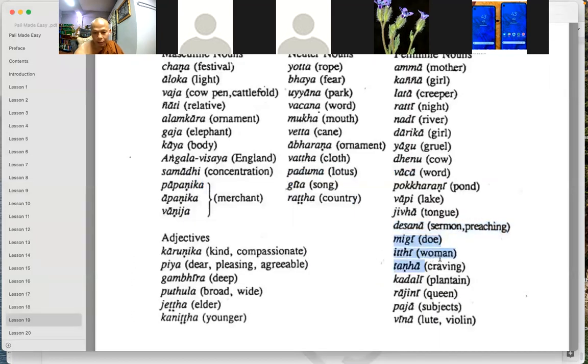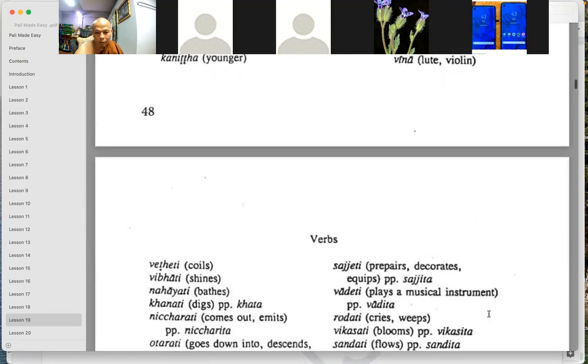And then itthi, woman, and tanha, craving, and kadali, planting, banana tree. And here rajini, queen, you see, raja, rajini. And paja, subjects or beings. And vina, lute or violin. So these are feminine nouns.